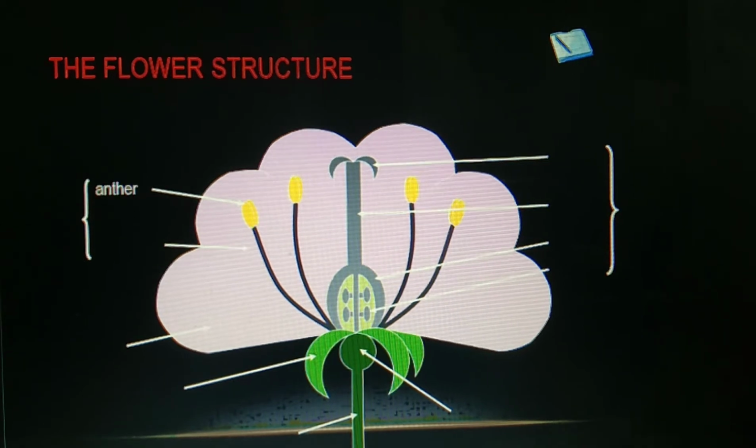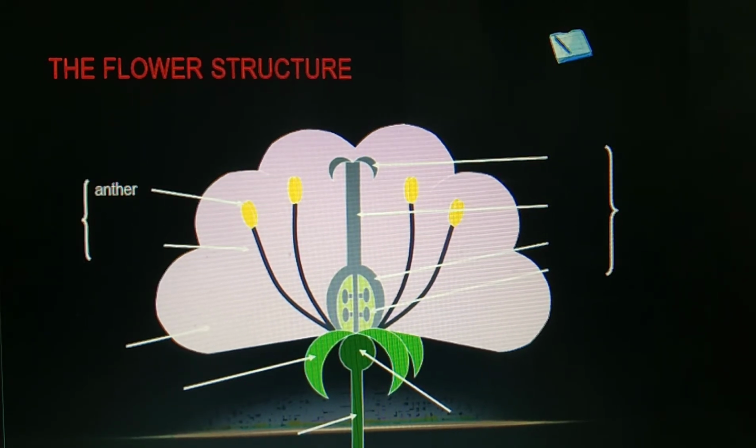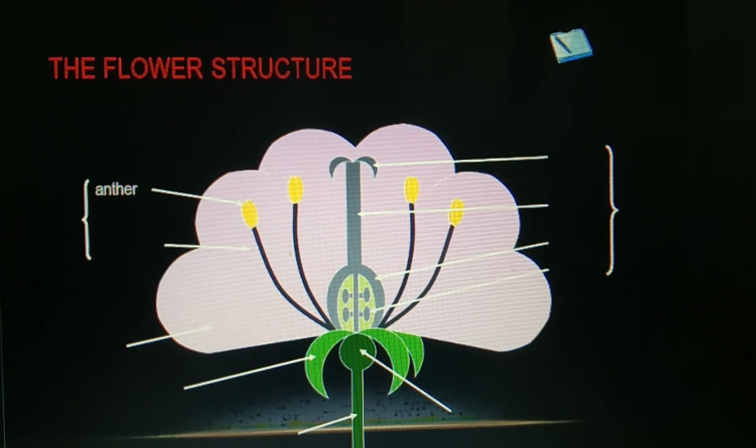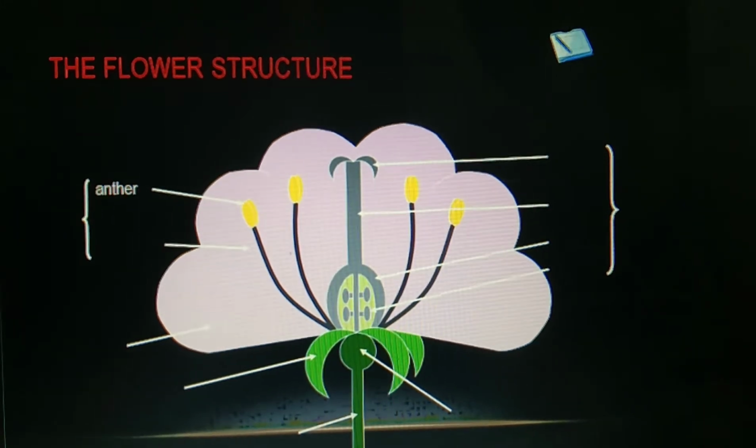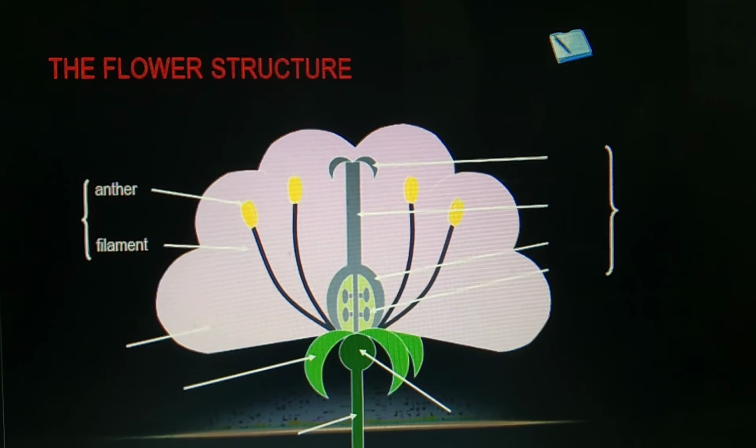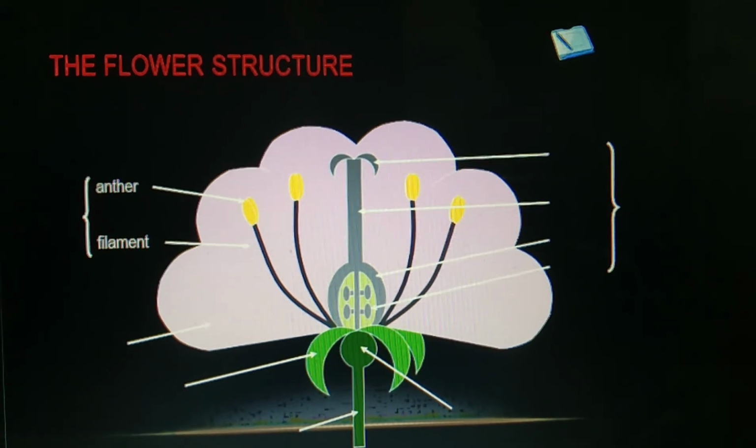First, the anther. The anther consists of two lobes that contain pollen sacs. Its main function is to hold the pollens that are released by the anther when they mature. Next, we have the filament.